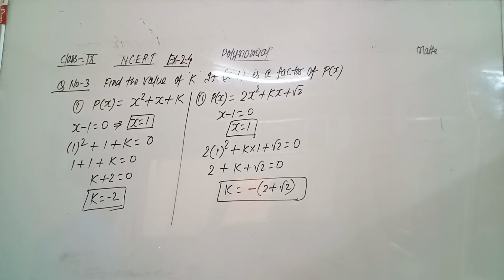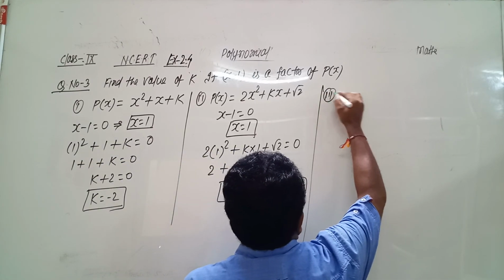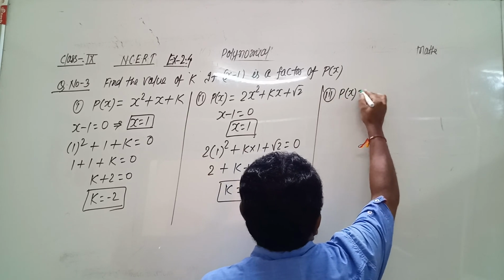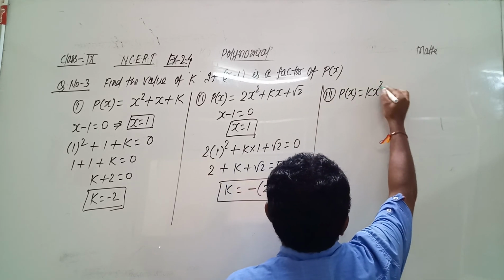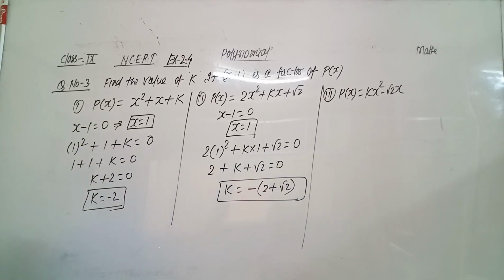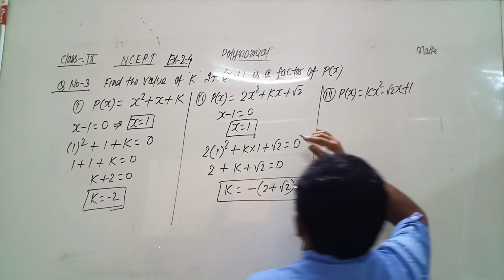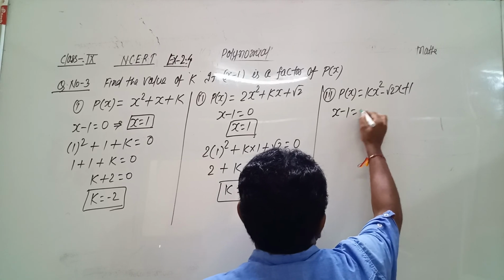The third part is p(x) equals to kx square minus root 2 x plus 1. So again, make x minus 1 equals to 0.